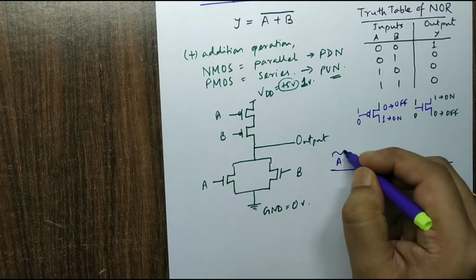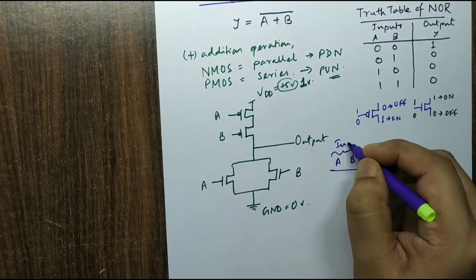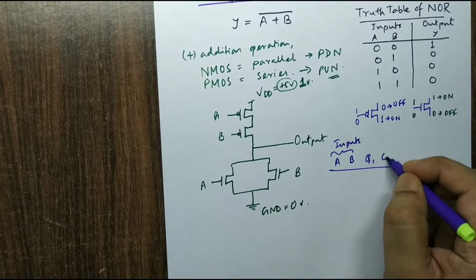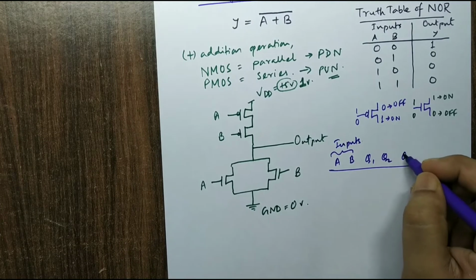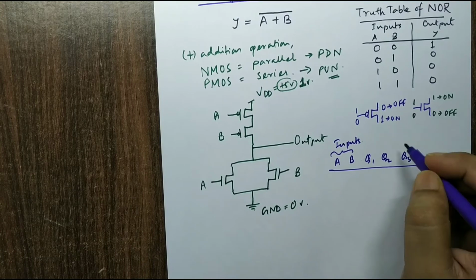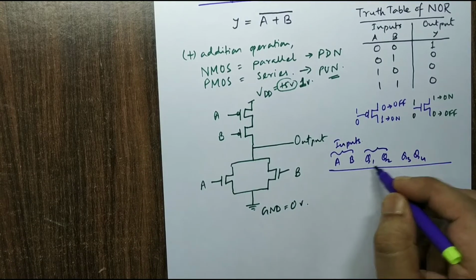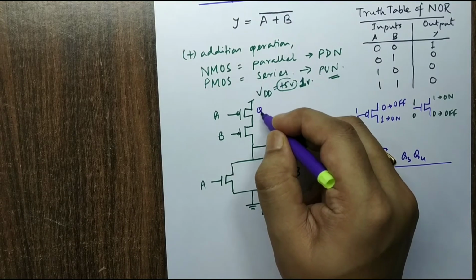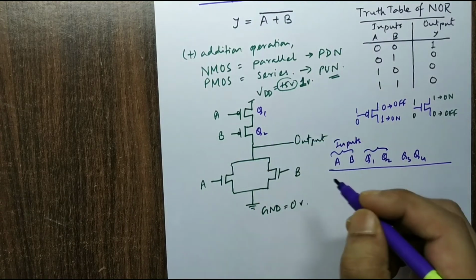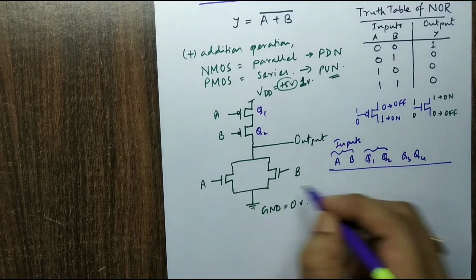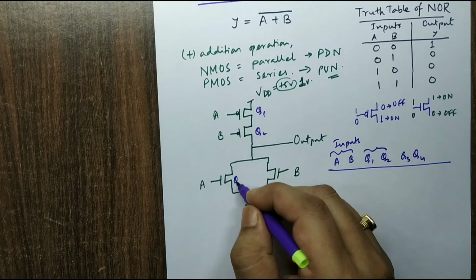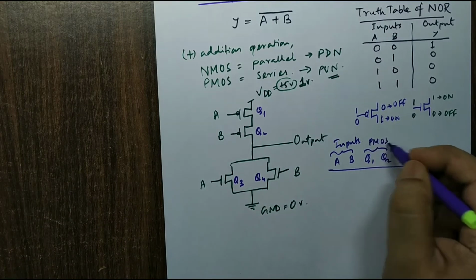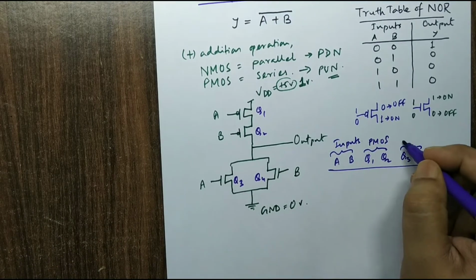We can write down here inputs, and then Q1, Q2, Q3 and Q4. Let us assume Q1 and Q2 are these two PMOSes, and Q3 and Q4 are these NMOSes. So let me write down PMOS, and this is for NMOS.